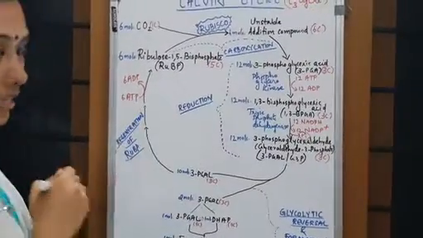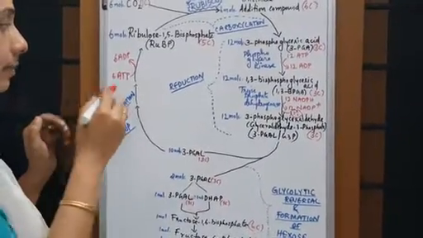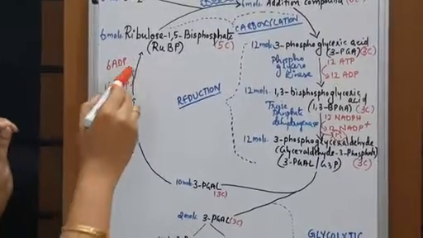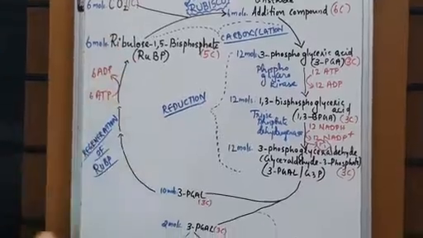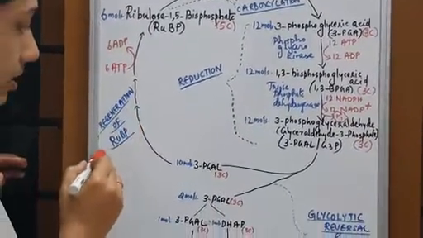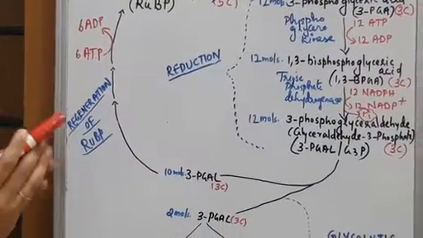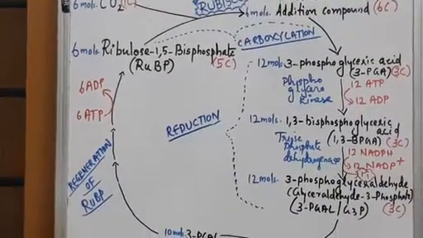at last 6 molecules of RUBP are regenerated, and in this regeneration process, in the final step, 6 molecules of ATP are hydrolyzed for the final phosphorylation process and the regeneration of RUBP. So this phase is known as the regeneration of RUBP. This phase is highly significant in the Calvin cycle. Because of this process, the cycle is continuously operating.